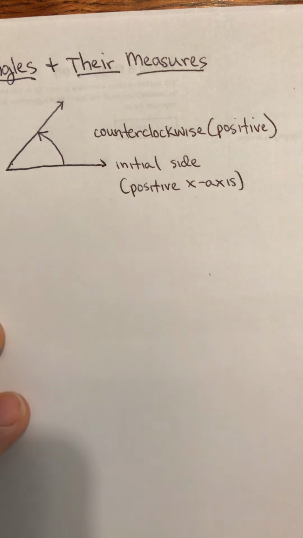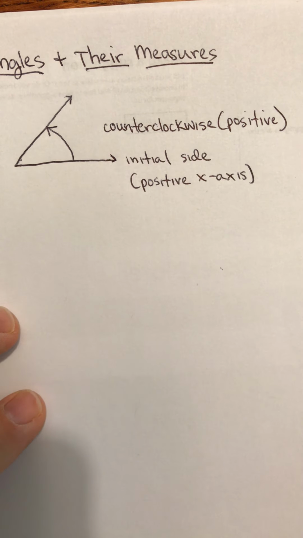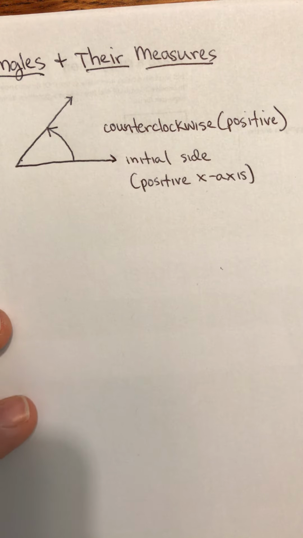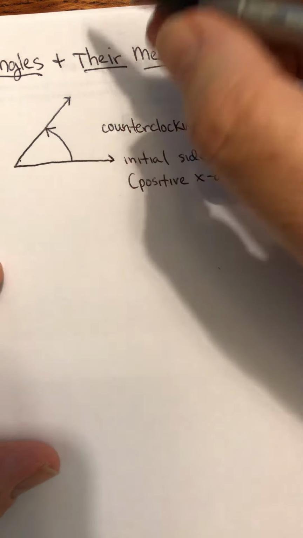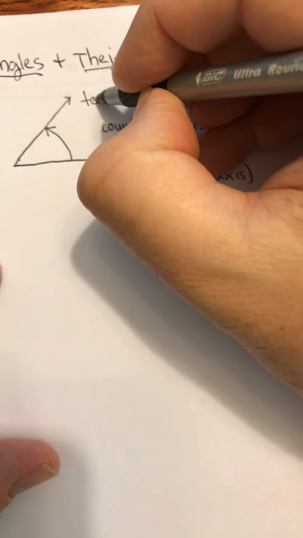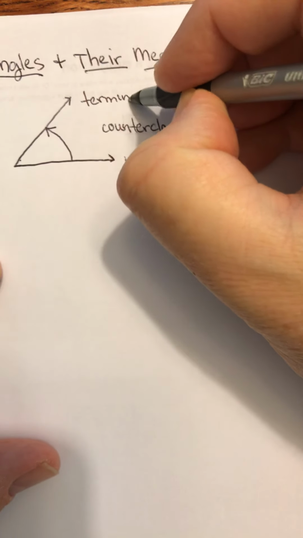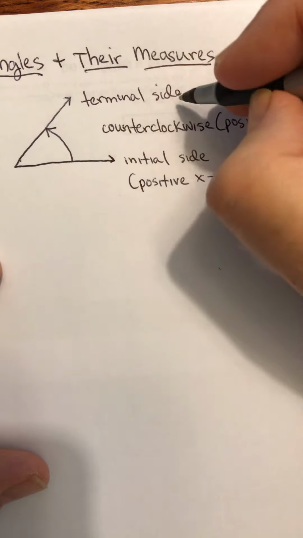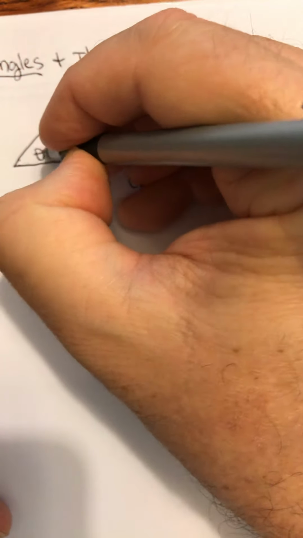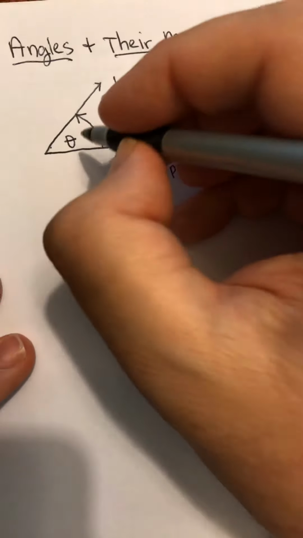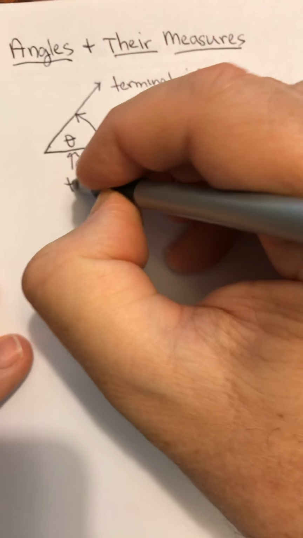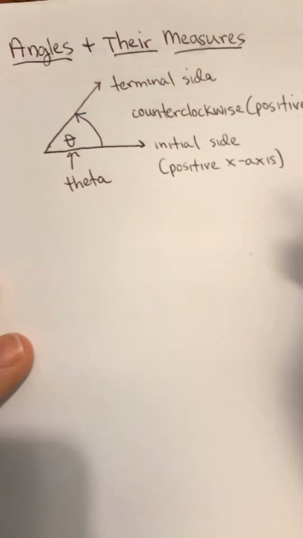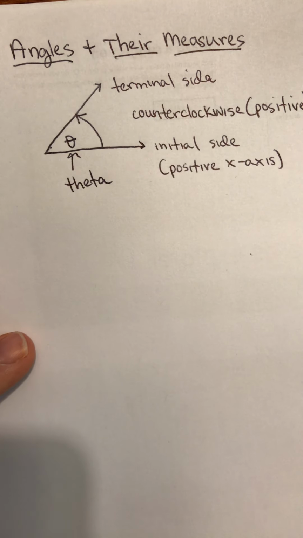So counterclockwise is positive. And where the angle ends is known as our terminal side. In trigonometry, we use Greek letters all the time, and this little Greek letter right here is known as theta. Okay, that's just a Greek letter, theta.